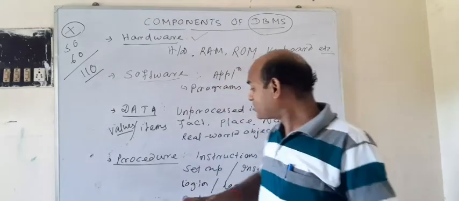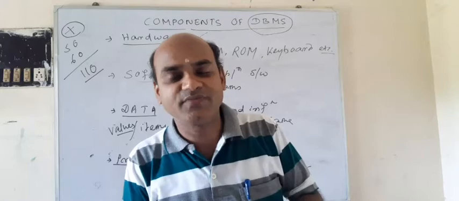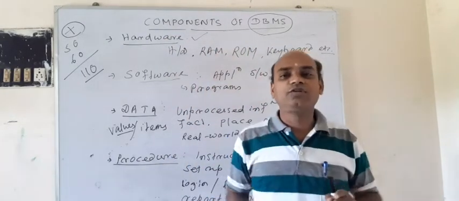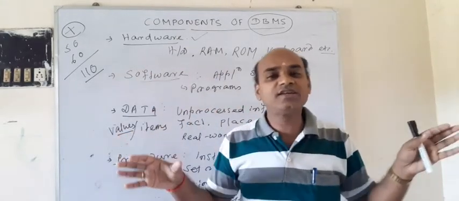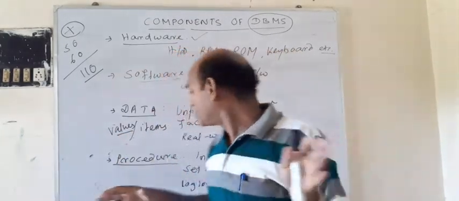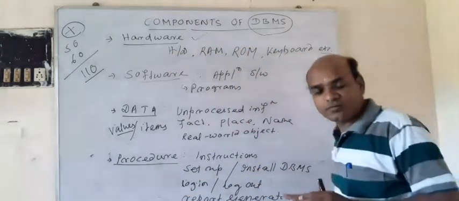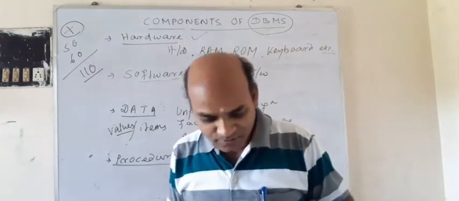Again, you know, a database management system stores varied types of database files, and all files contain some values. The values will be collected among several tables. That is the relational database management system. So login, logout, and report generation require some procedure for the database management system. Okay.